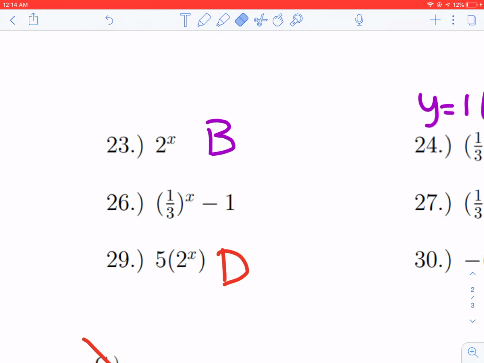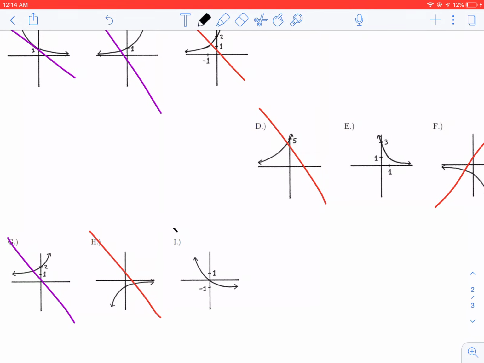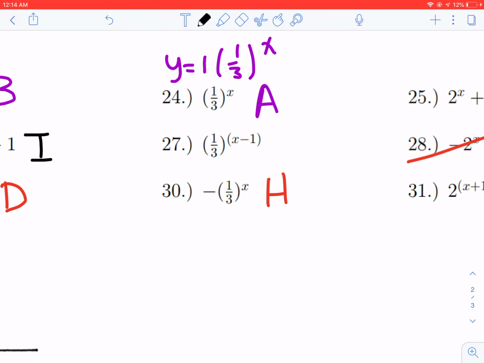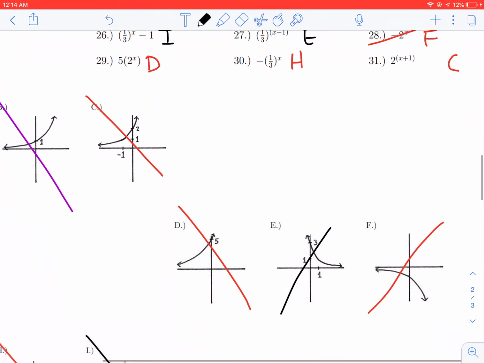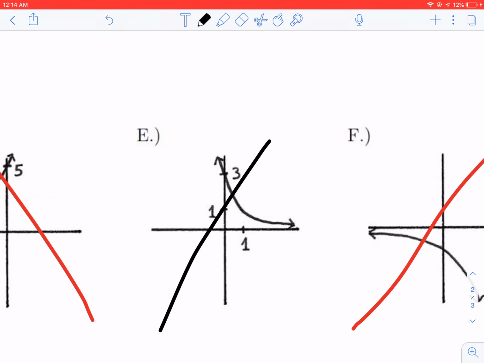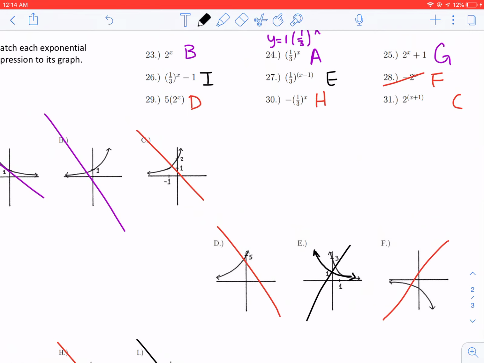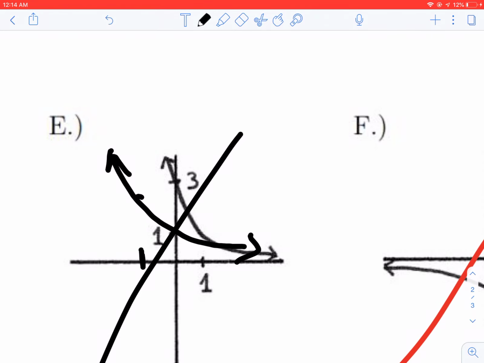And so 26 will match up with letter I, which means the last one must be E. I and E. So 27 is this function, right? A decreasing function, multiplying by a third each time, and it's shifted right 1 unit. So this point, which is -1, 3, will become 0, 3 once we shift it over 1 unit to the right.